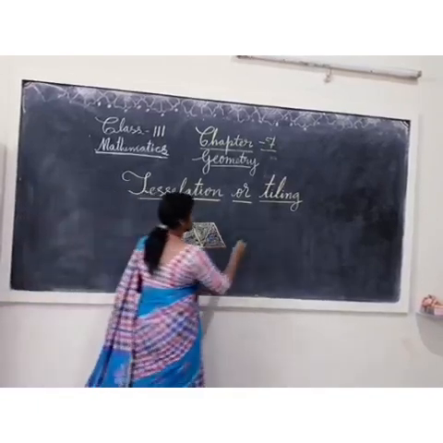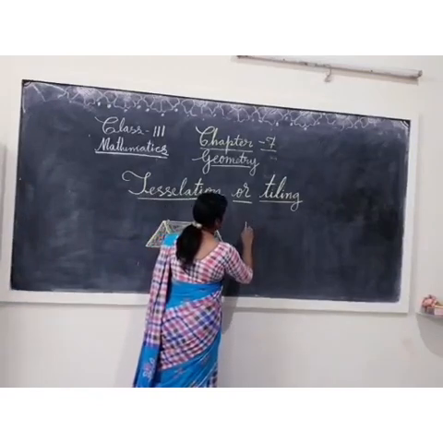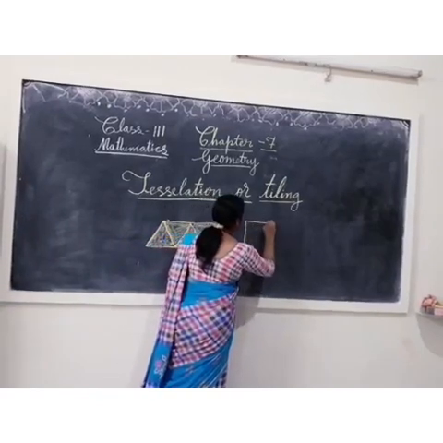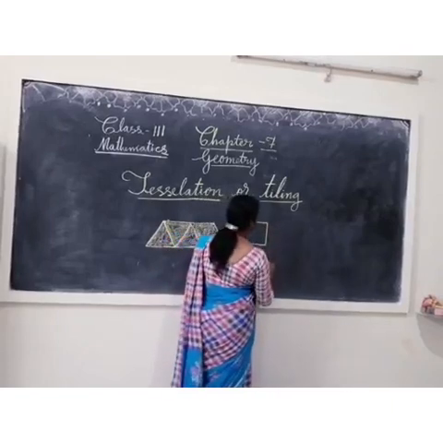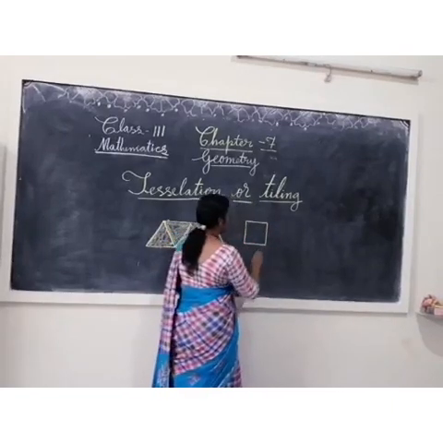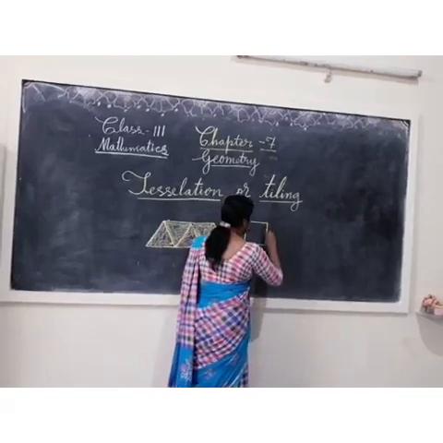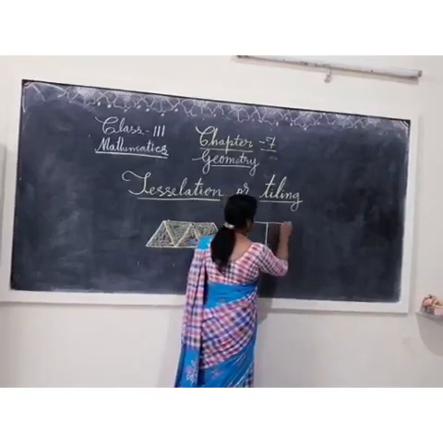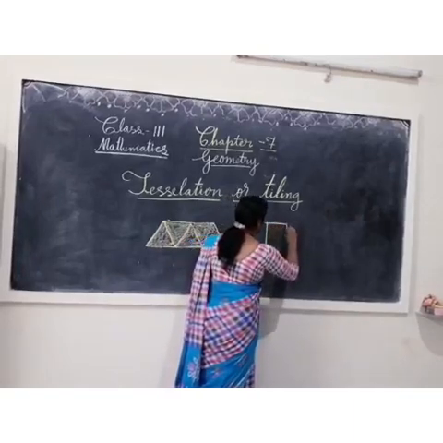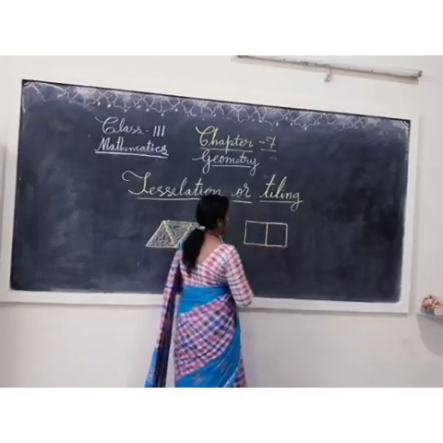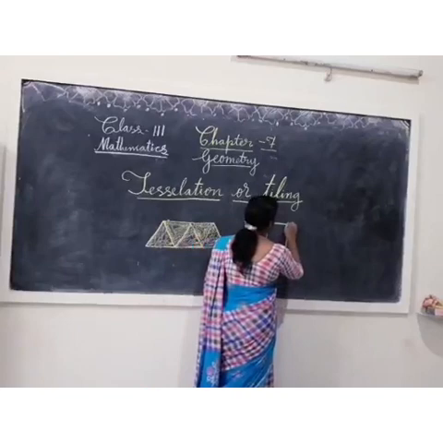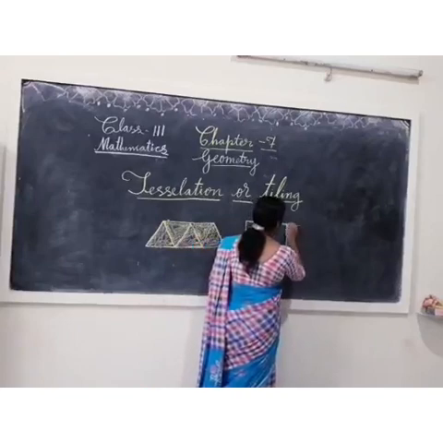Now let us use square. The shape square, and make tessellation. Here I made one, and when you attach with this, you can see there is no overlapping or gapping.